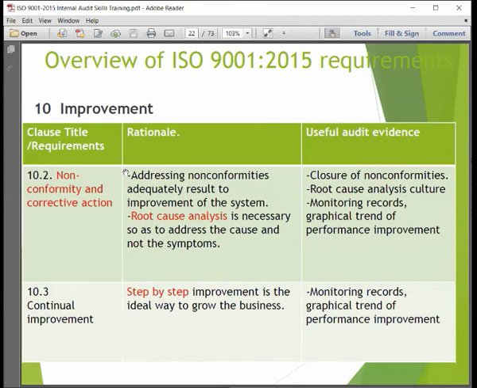It's not 1 billion to 10 billion at once. Yes, the rational step-by-step improvement is the ideal way to grow the business. So what you'd want to see, and some of these are even in the strategic plan, are monitoring records, how our sales have been going up, our premiums, and those kind of things.